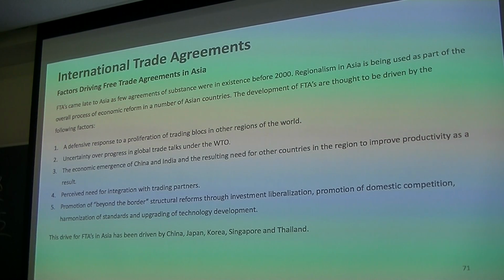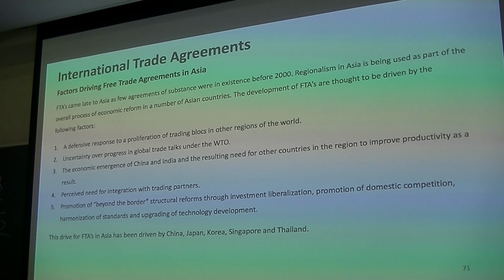There really weren't significant free trade agreements in Asia before 2000. You had ASEAN. ASEAN has been around for a while, but it has only slowly dropped some tariff barriers, and there are still a lot of restrictions in the ASEAN countries.